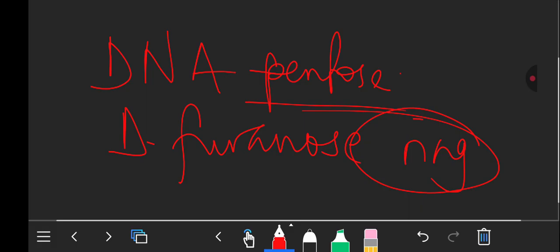And we need to understand that the instrument which was used to determine the DNA structure was X-ray. So in case they ask what instrument was used to determine the DNA structure, it was X-ray. Now we talked about the 3 forms of RNA.